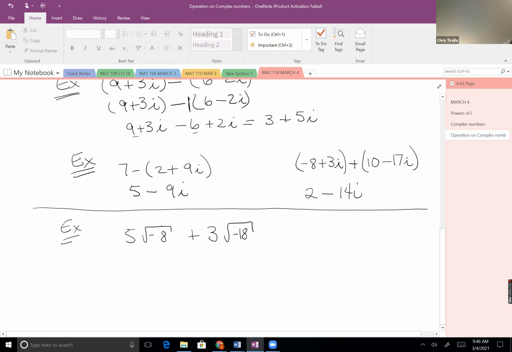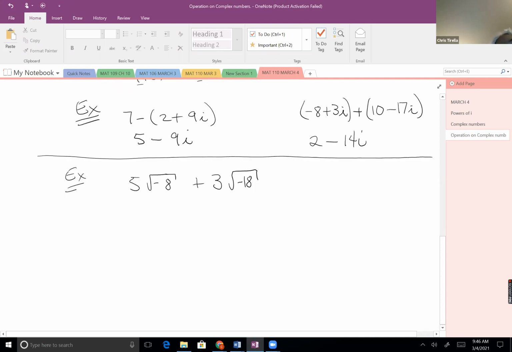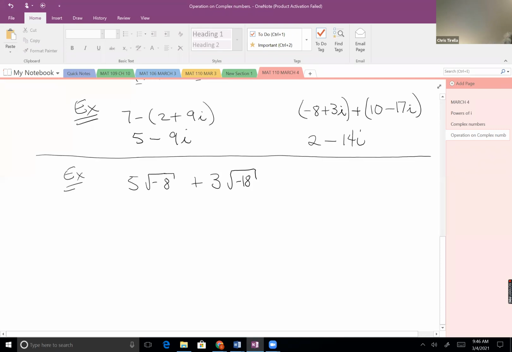When you have that negative radicand under a square root symbol, you want to put them in terms of i first. And so that'll be 5 times the square root of 8 times negative 1. And does everybody recognize that I would be able to simplify radical 8?